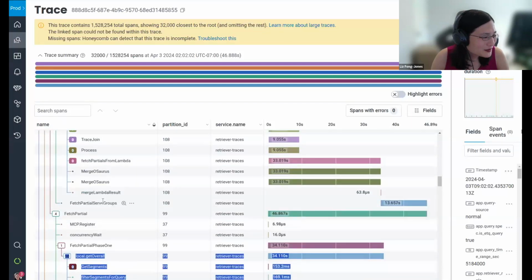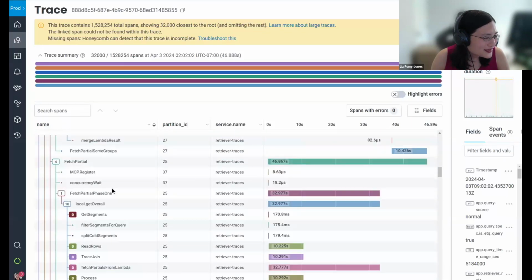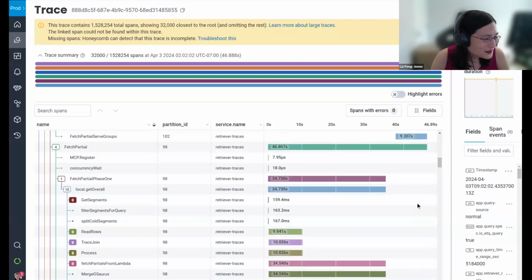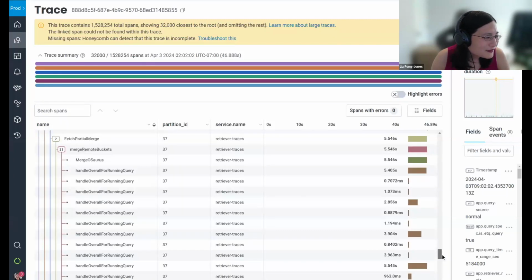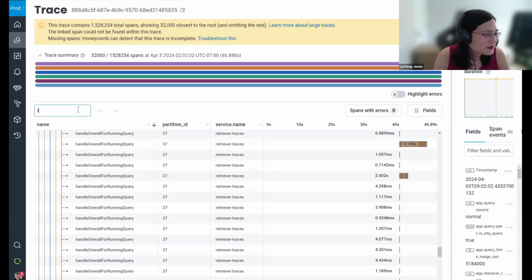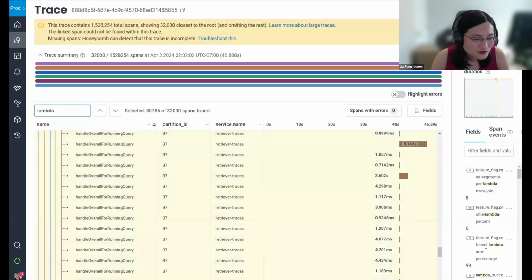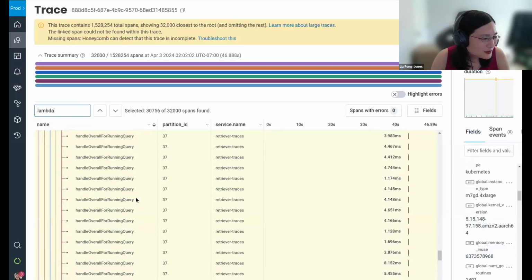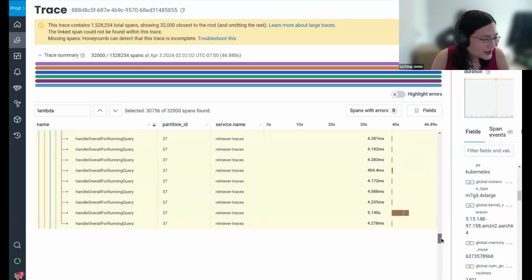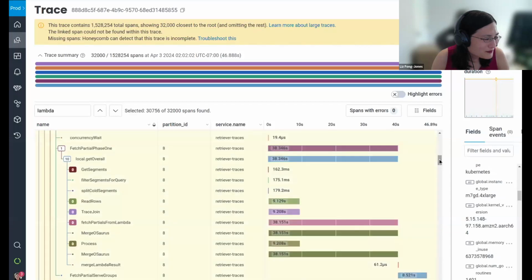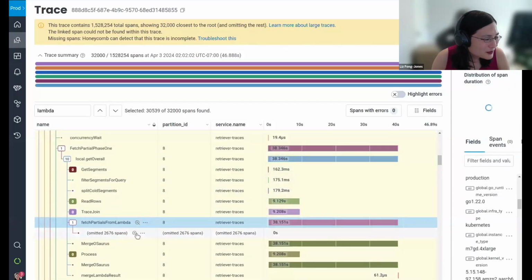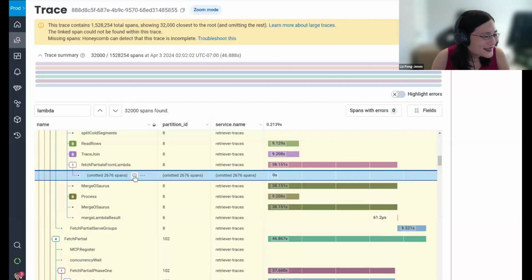So, as I just said, we need to go deeper. Let's see if I can find that Lambda execution. Oh, all of these have various attributes named Lambda. That's not super helpful. Fetch partials from Lambda. Oh, it's omitted 2,676 spans. So the Lambdas are inside of here. Okay. Slight live demo fail, but that's okay.